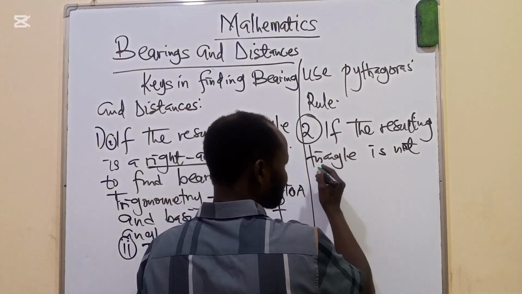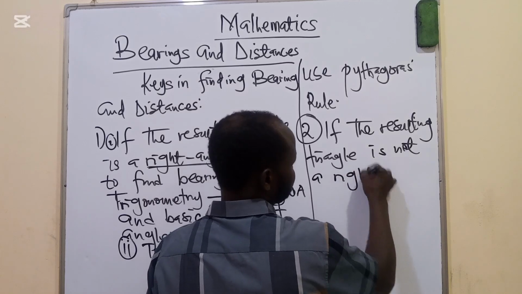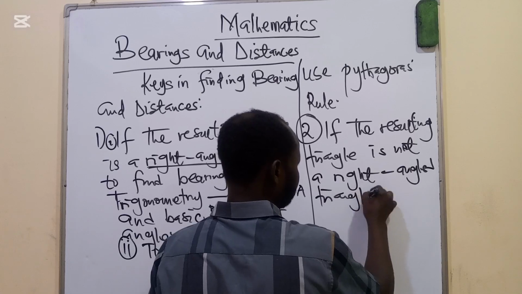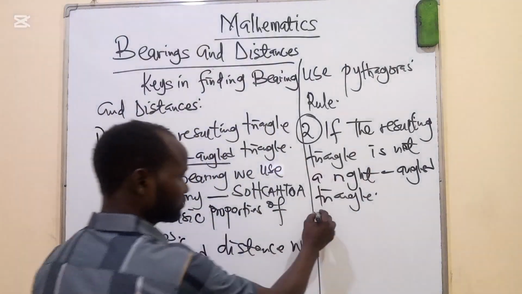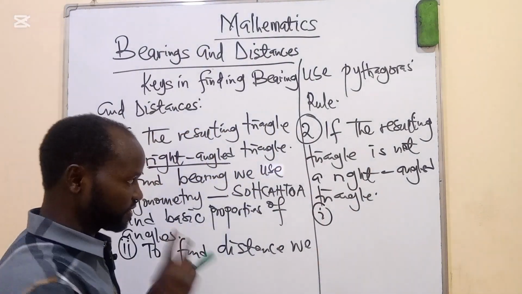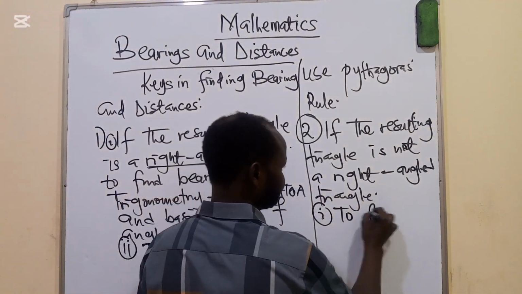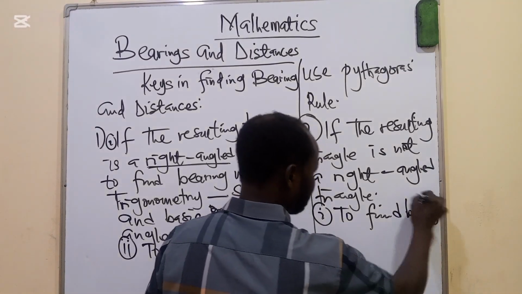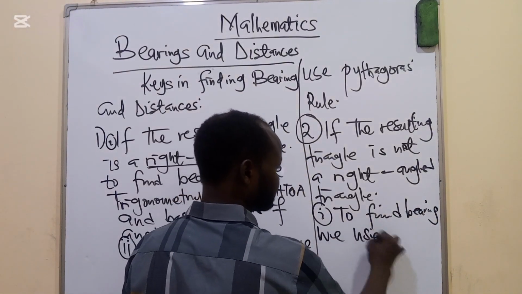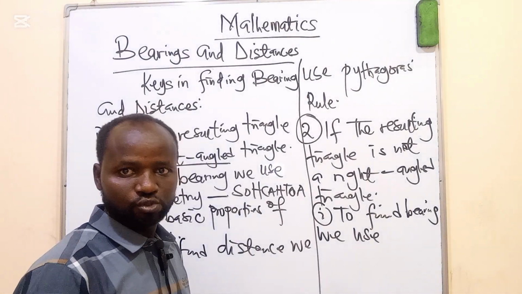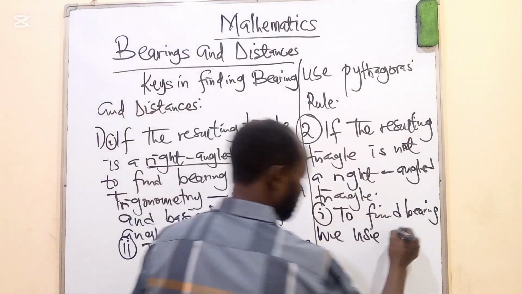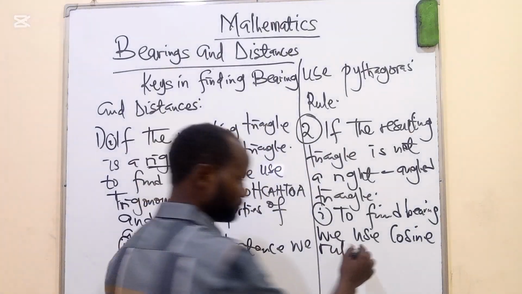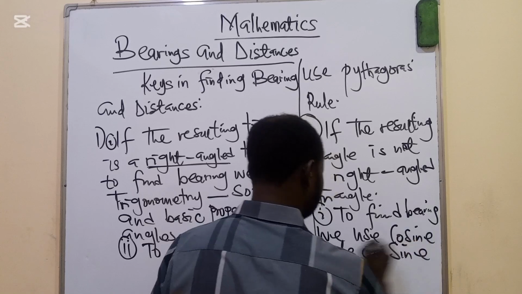If it is not a right angle triangle, under number two, now Roman numerals 1, to find bearing, we use cosine rule or sine rule, as the case may be.